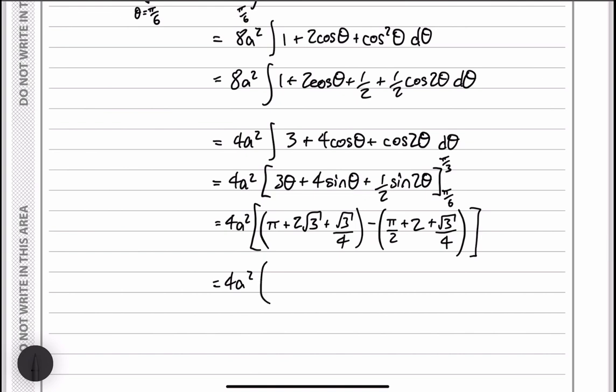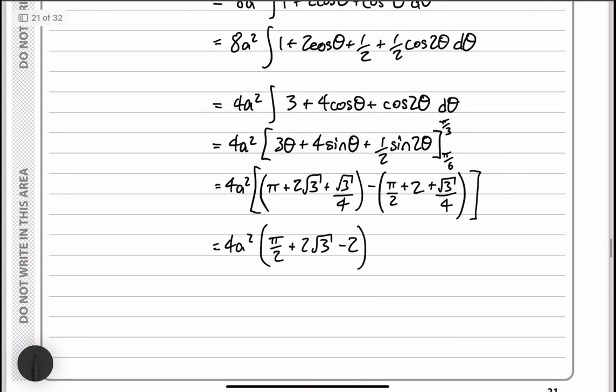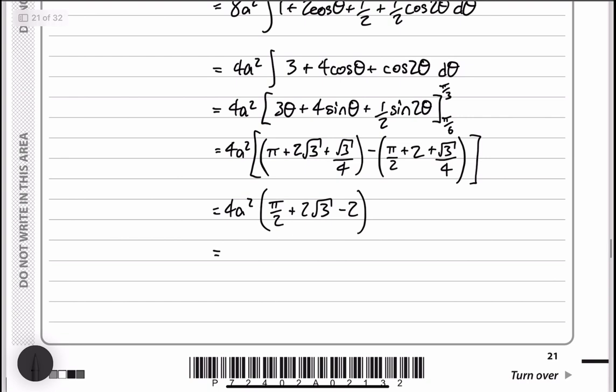Pi minus pi by 2 is pi by 2. We've got 2 root 3, well the root 3 over 4 cancels, so that's just 2 root 3. And then minus 2. Expanding this out, it gives us 2a squared pi plus 8 root 3 minus 8a squared.